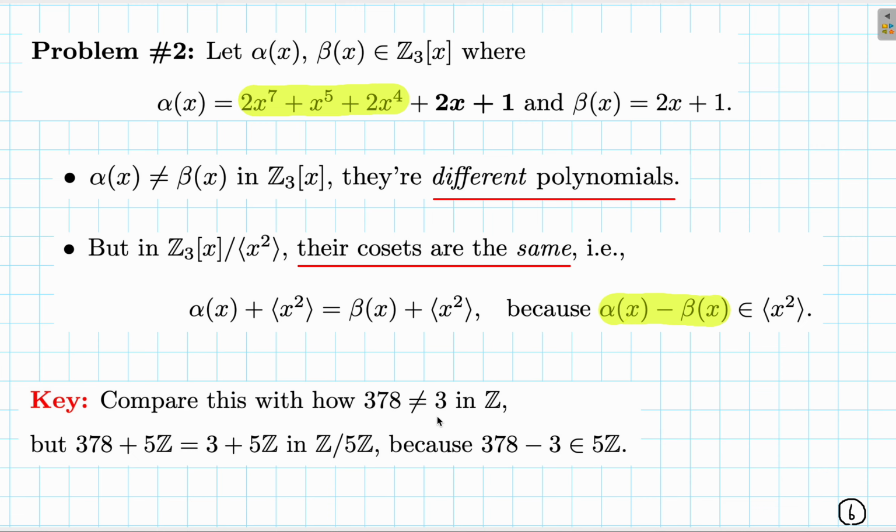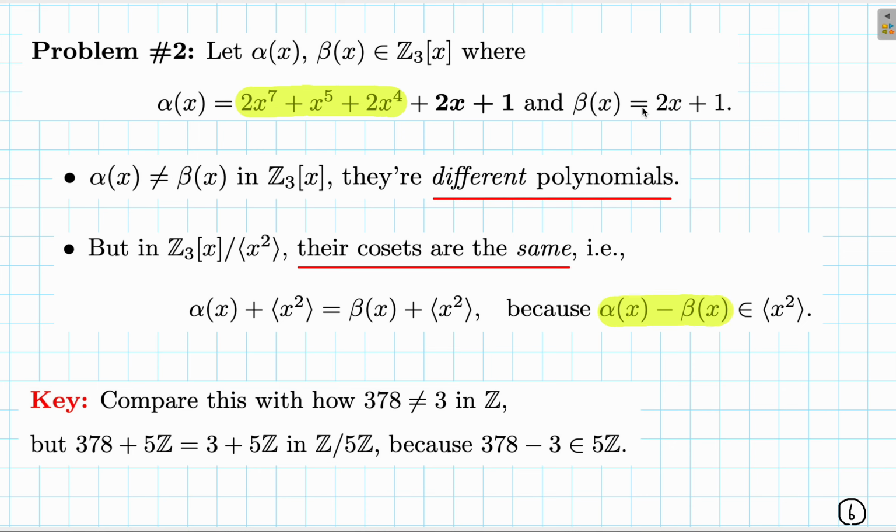So they were different in Z. However, their cosets, 378 plus 5Z and 3 plus 5Z, are equal to each other in the quotient ring because the difference of the coset representatives, 378 minus 3, is an element of 5Z. And so this is very much the analog of what we saw with the polynomials.